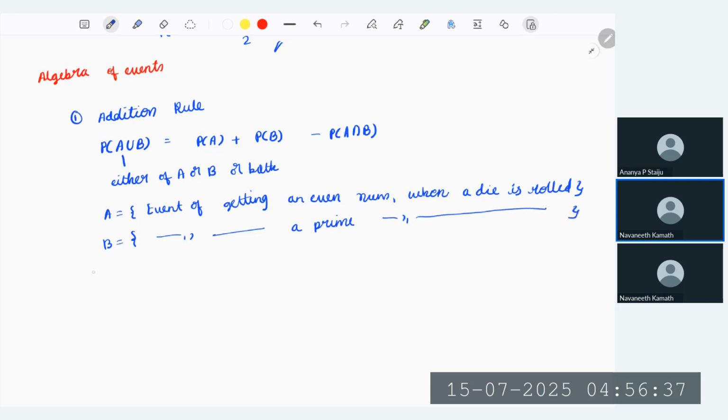This is in set builder form. Let me write it in roster form. So even number is 2, 4, 6, and B, a prime number, like 2, 3, 5.